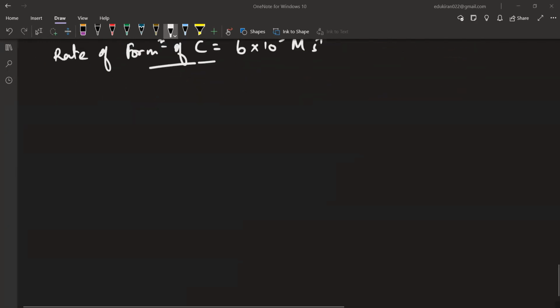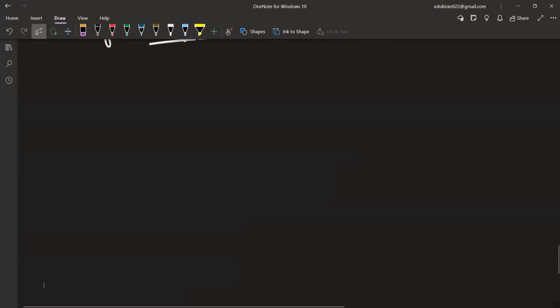Now see another type of question. This is one type of question, where they will ask you the rate of formation, rate of deformation, etc. Now please write another question. This is again for the first question, where decomposition of NH3 is happening. We have given the rate constant is equal to 1.5.